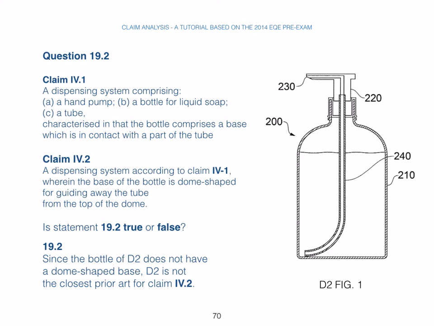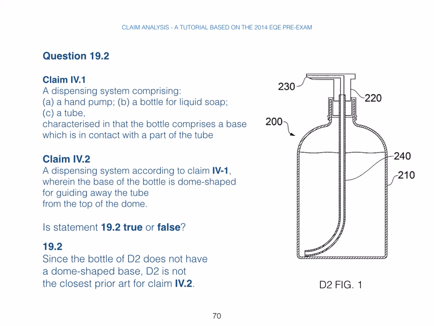19.2 now concerns claim 4.2, which adds a feature that the base of the bottle is dome-shaped for guiding away the tube from the top of the dome. And the statement 19.2 is, since the bottle of D2 does not have a dome-shaped base, D2 is not the closest prior art for claim 4.2.